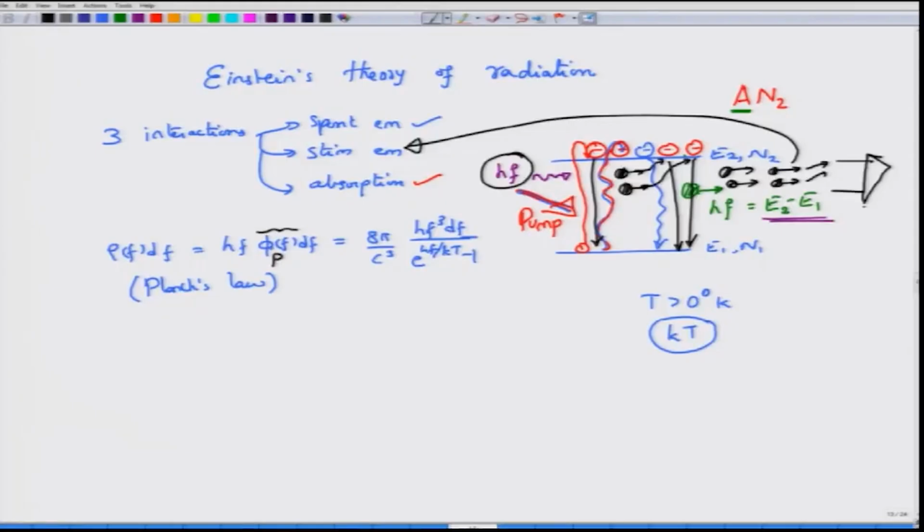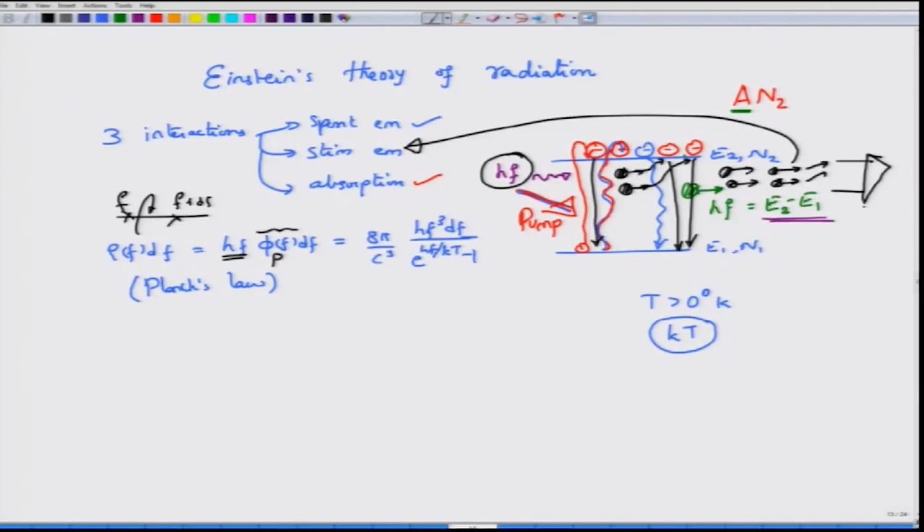So, when I have this phi p of f df times hf, then that will correspond to the total energy density over the frequency range that we have considered, that is small f to f plus df. In that range, whatever the energy density is, it is proportional to the energy times the population, because each photon carries an energy of hf.